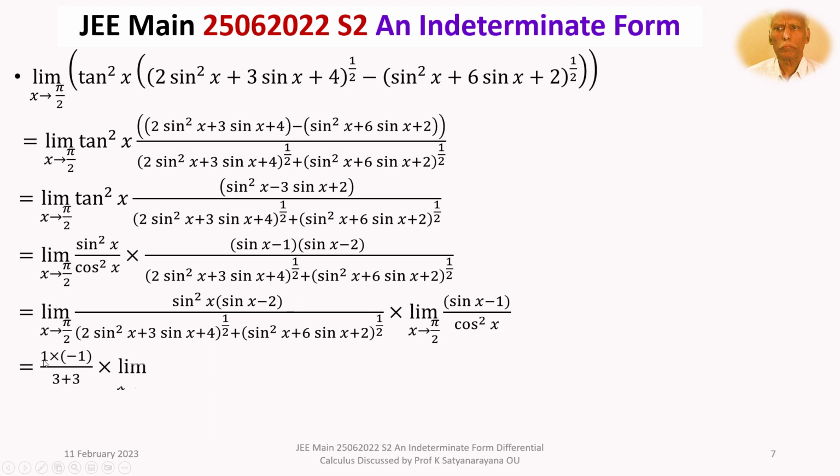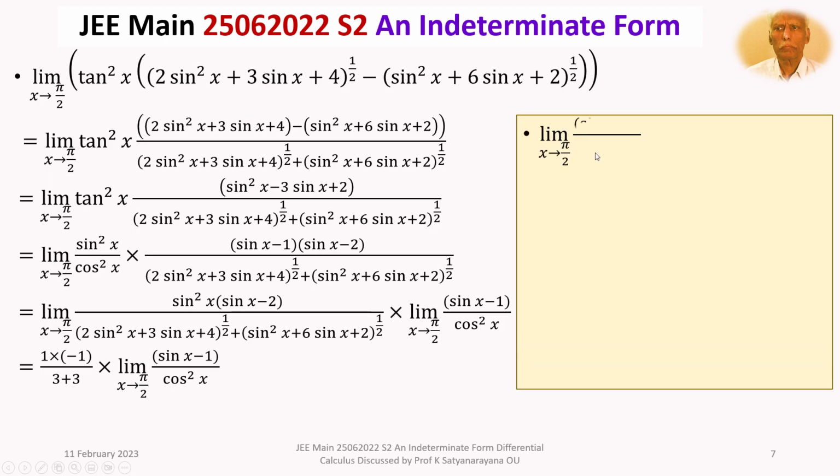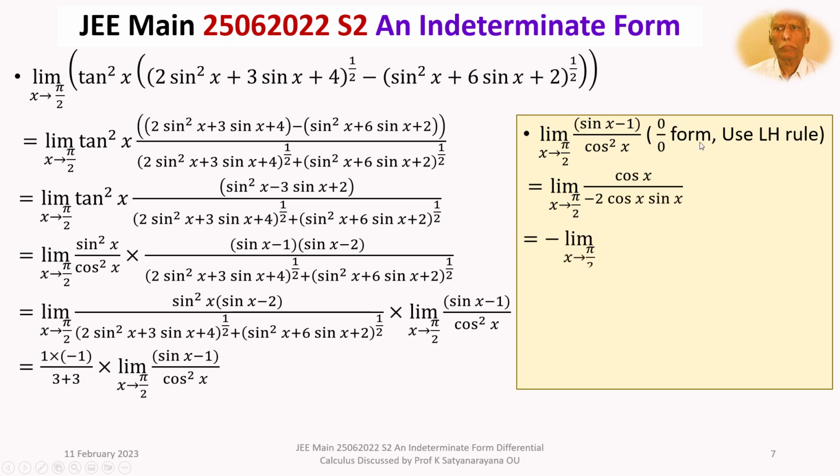That is 1 into minus 1 by 3 plus 3, into limit x tends to pi by 2 of (sin x minus 1) by cos square x. This is 0 by 0 form. That evaluation I will show you in the snippet. Limit x tends to pi by 2 of (sin x minus 1) by cos square x, a 0 by 0 form. Use L'Hopital's rule.